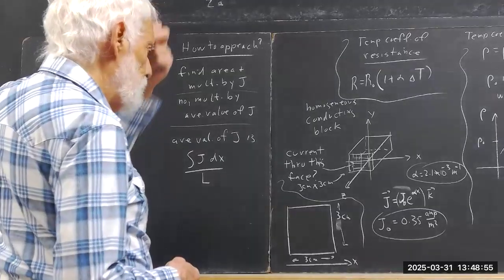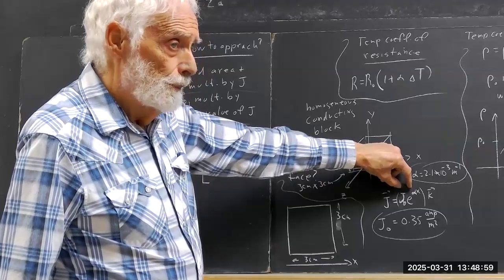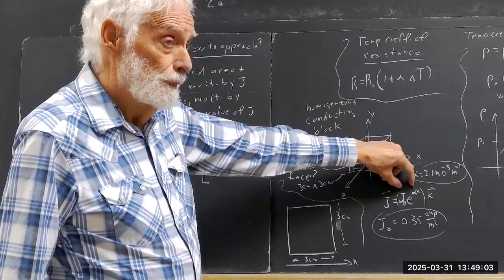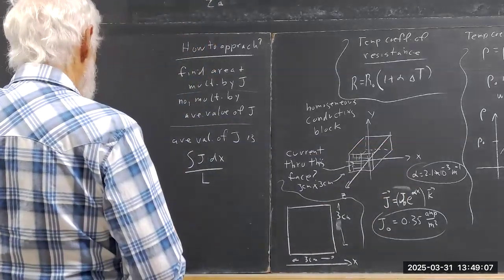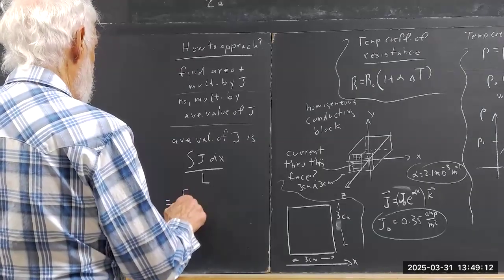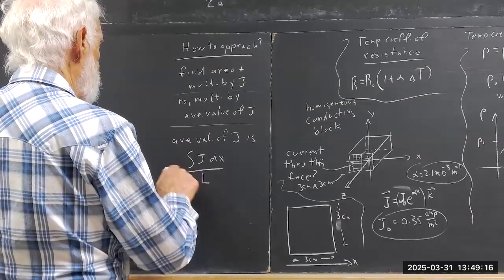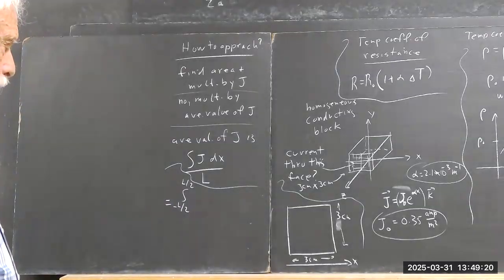But since the magnitude of J depends only on x, I'm not sure if this really goes from negative L over 2 to L over 2.